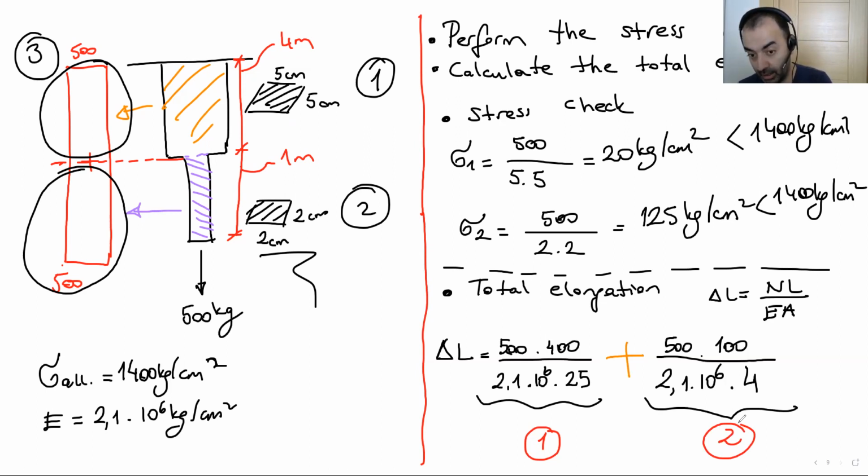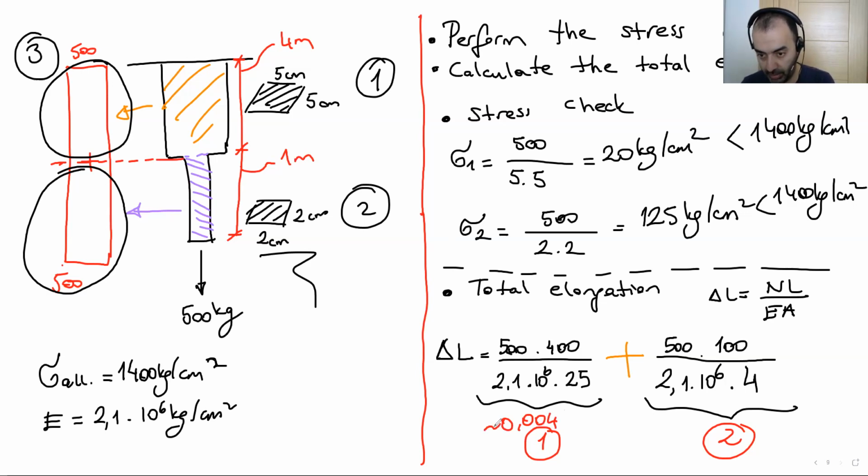We're gonna have a value in centimeter again. 500 times 400 over. Here the number is 0.004 approximately.